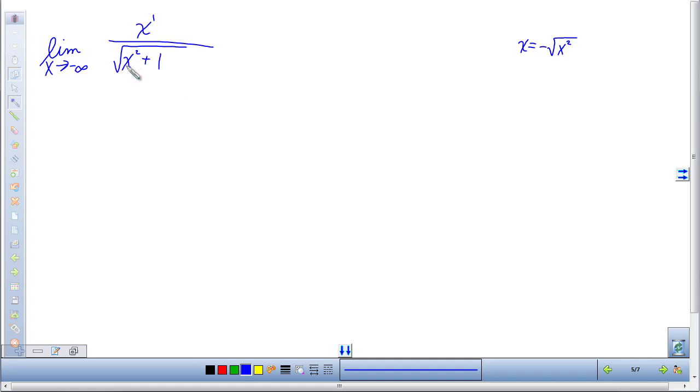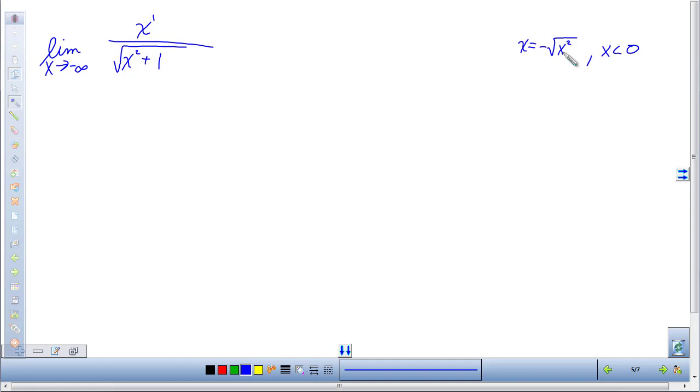I'm actually going to want to divide by the square root of x squared. But I'm approaching negative infinity, going towards the negative numbers. So when I take the square root of x squared for x less than 0, that thing has to be negative. So here we want to say x equals negative square root of x squared. Now, if I was going towards positive infinity, then we would just say x equals positive square root of x squared. But we're approaching the negative numbers, so that's why we have to do it this way.